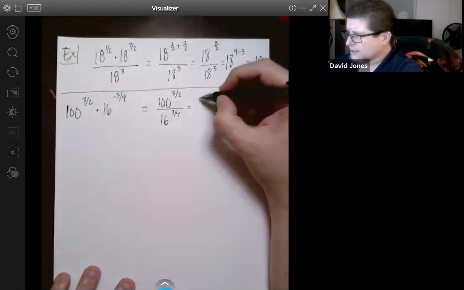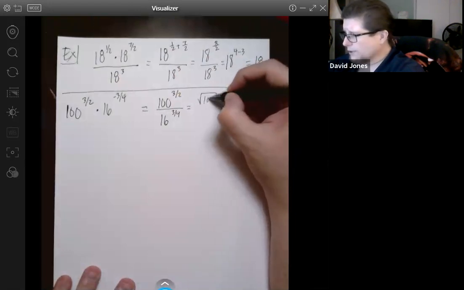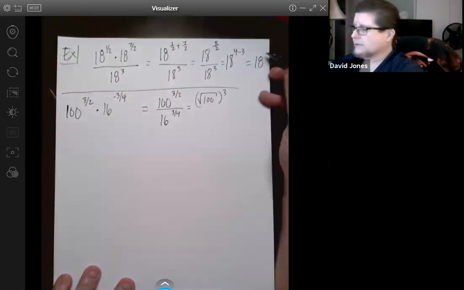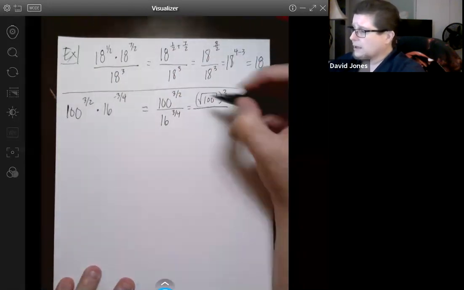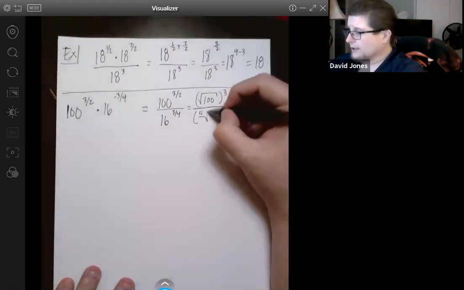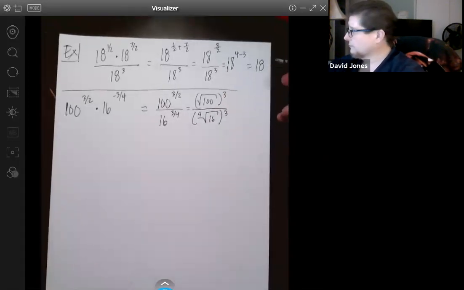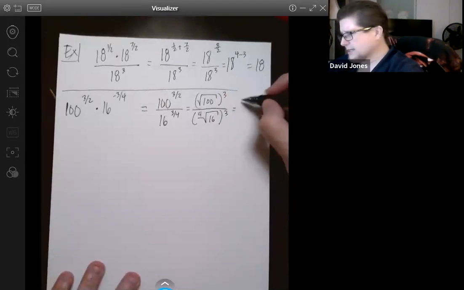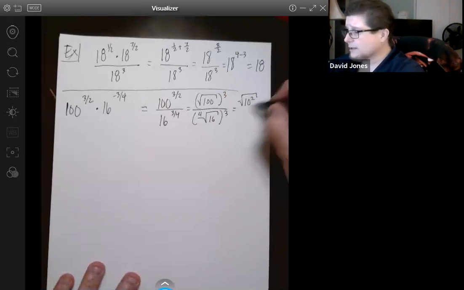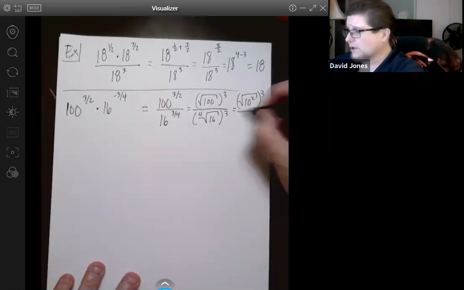And this is the square root of 100 cubed. And this is the fourth root of 16 cubed. Okay? Which is the square root of 10 squared, cubed, over the fourth root.